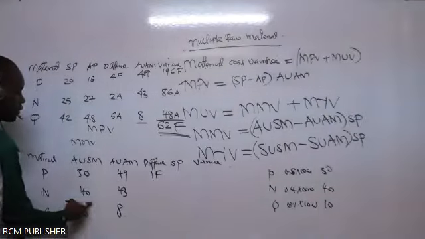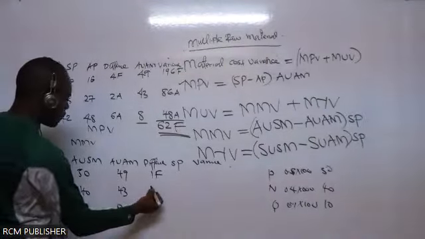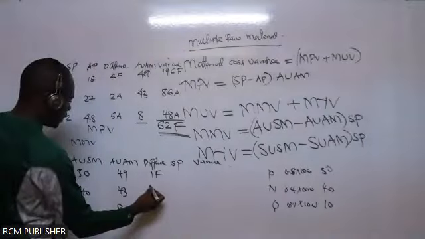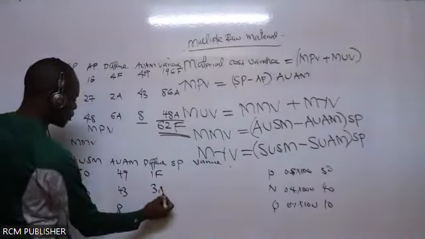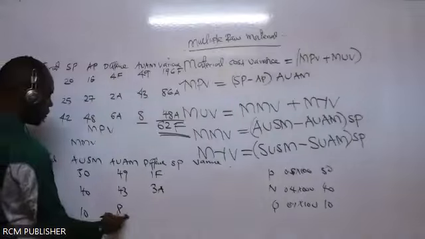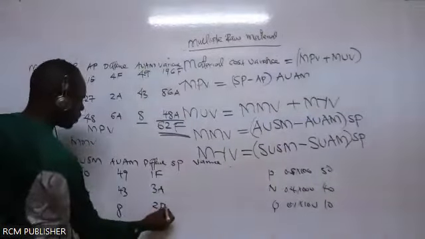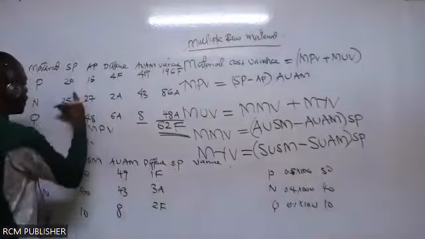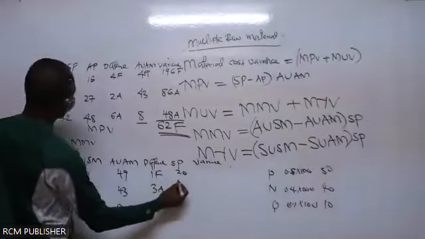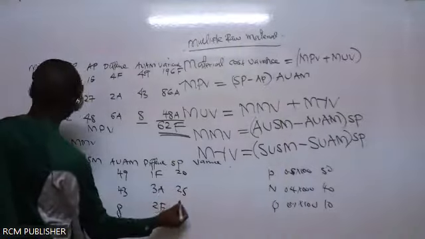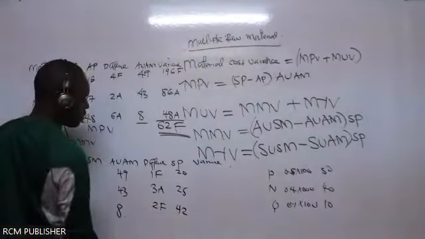I planned to spend 40. I'm having 43. That is unfavorable, that is adverse. I planned for 10. I ended up using 8. That is favorable. Standard price, we have it up here. You copy and paste.